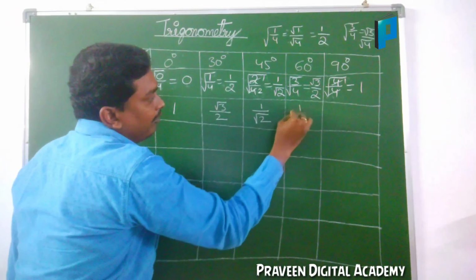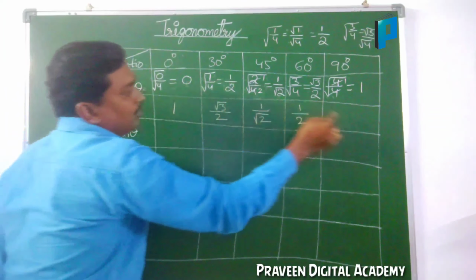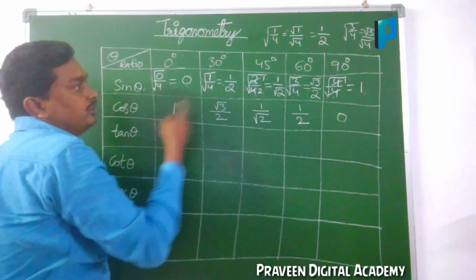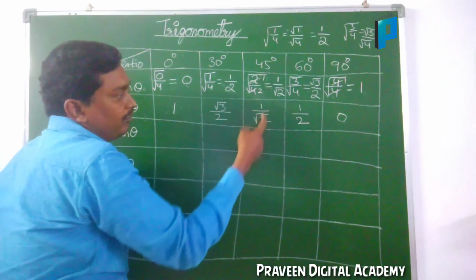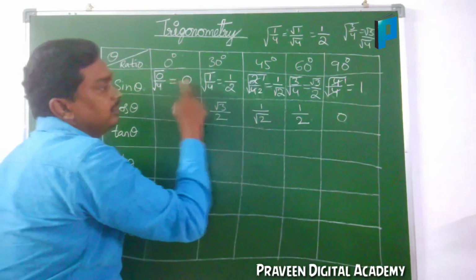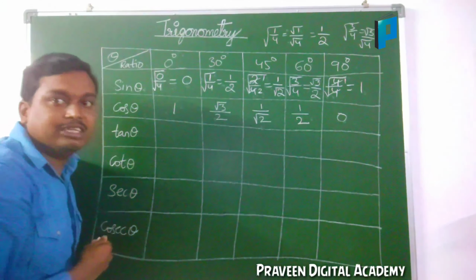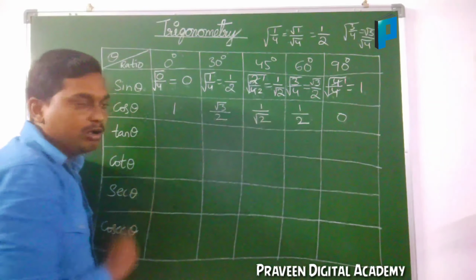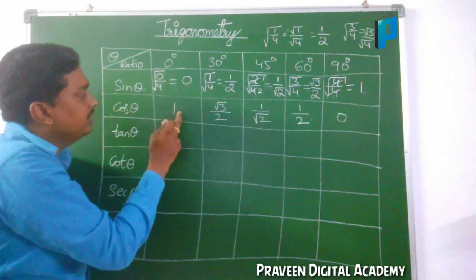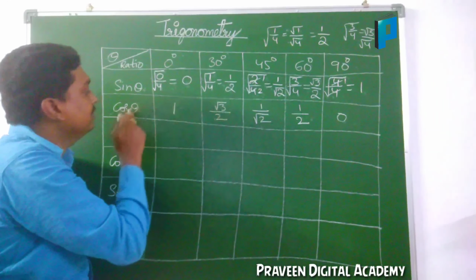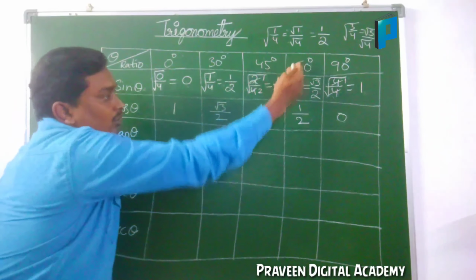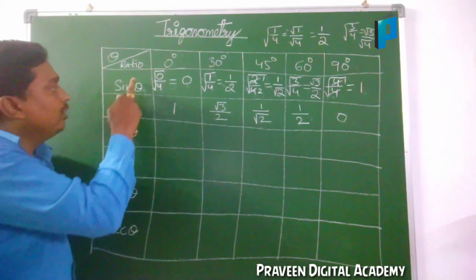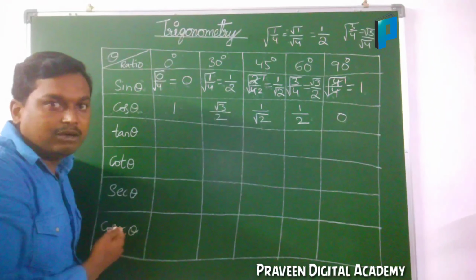This 1 by 2 here. This 0 I am writing here. I am writing the 90 value to 0, 60 to 30, 45 to 45, 30 to 60, 0 to 90. I am reversing the numbers so that I get the values of cos. Cos 0 is 1, cos 30 is this one, cos 45, cos 60, cos 90 is 0. Now we got the sine and cos values.